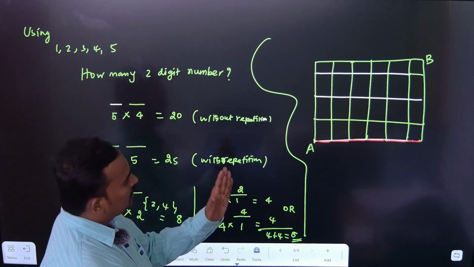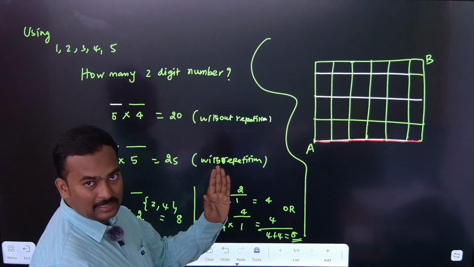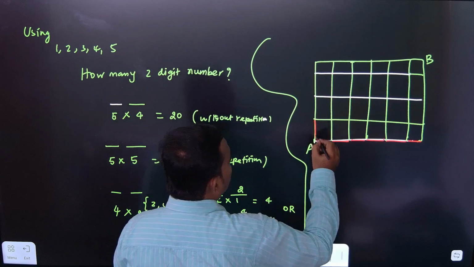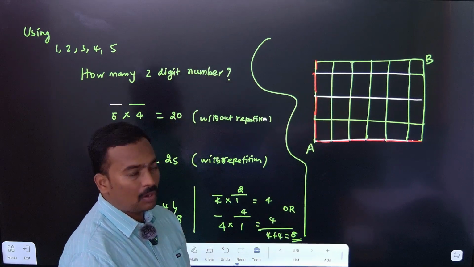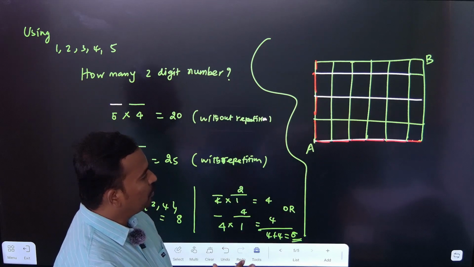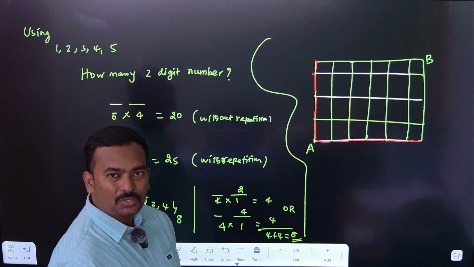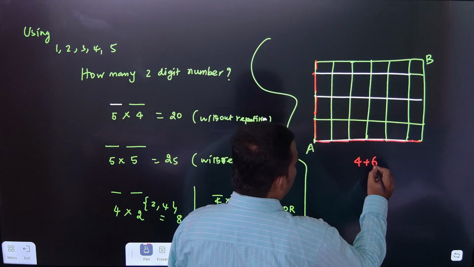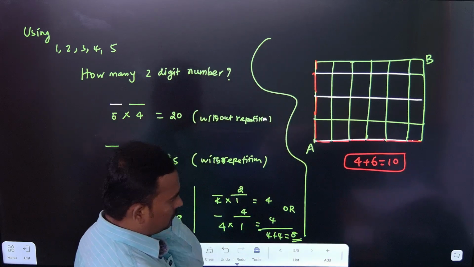Okay. 6. You have to move right 6 steps. And you can see up, 1, 2, 3, 4. Up means north side, that is east side, right? You have to move right 6 steps and up 4 steps. So in total, how many steps are there? You can see 4 plus 6, 10 steps there, right? Okay.